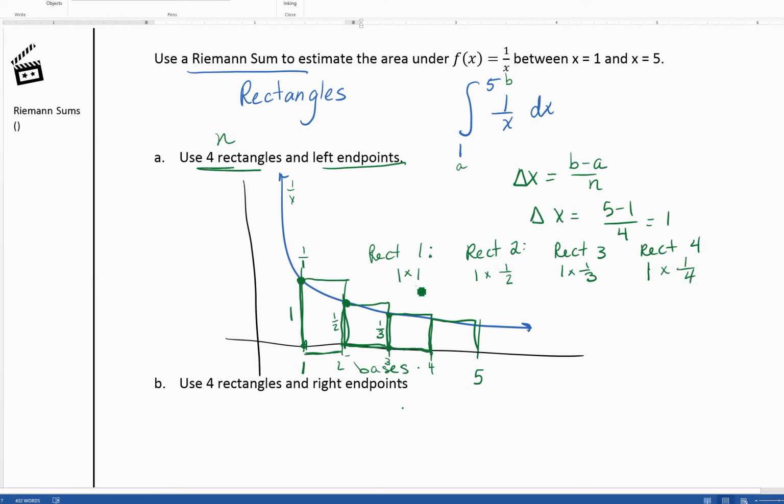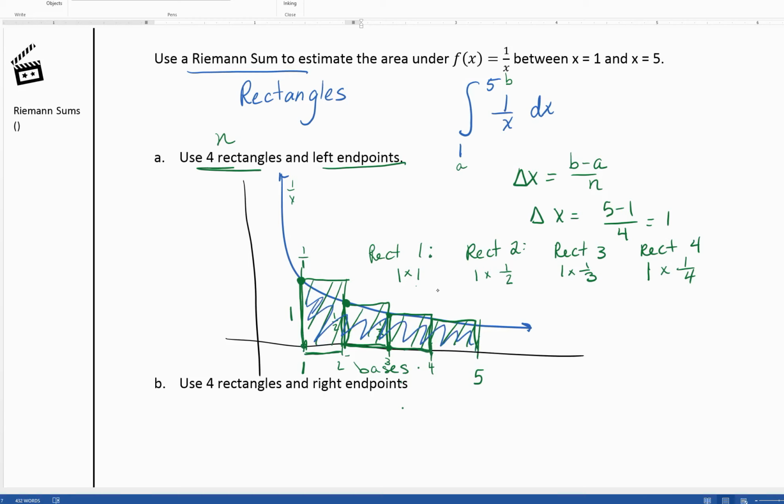So here we're adding the area of all of these rectangles. Okay, and we see that this is a little bit of an overestimate, right? We're going over. What we actually want is just the area under the curve, just this. So we're going a little over, but it's an estimate.